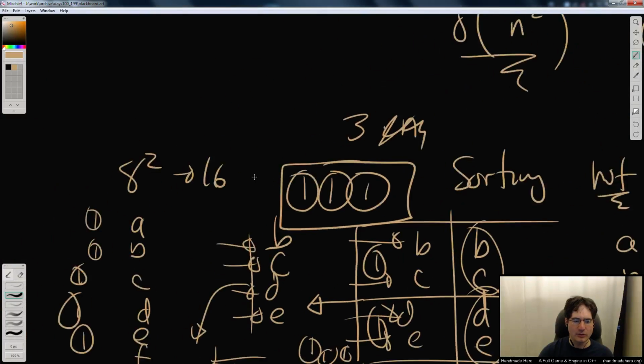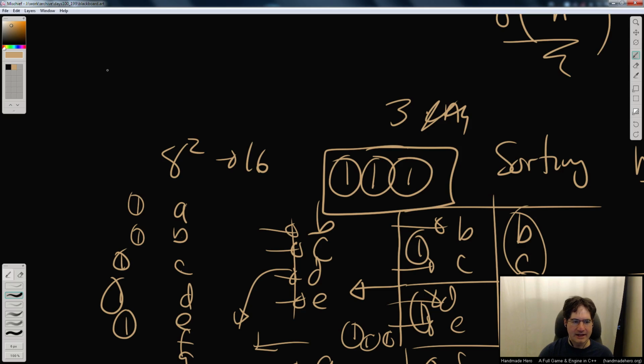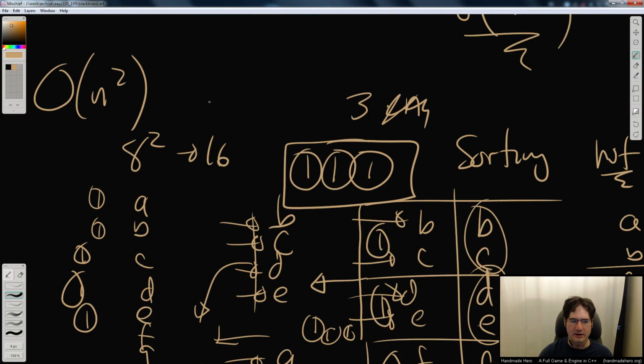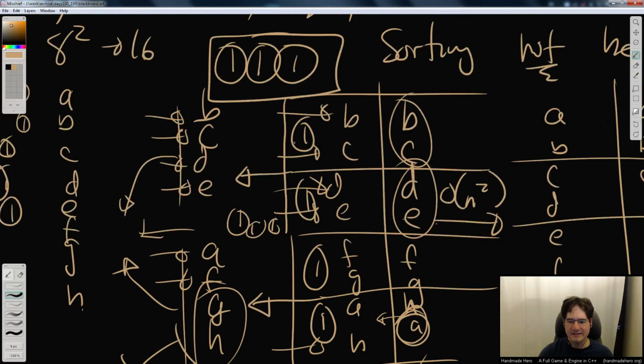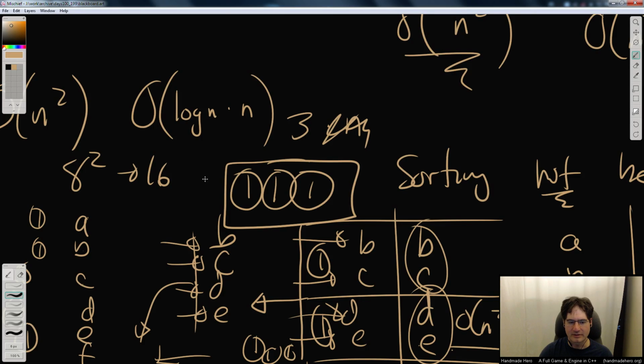What that means is the running time for this thing, instead of being n squared, which is what we had before, if I was to use this method, I would end up with something where we took the log of n, right? And then it was times n, because I still have to do something on the order of the number of elements each pass through this thing, if that makes sense.